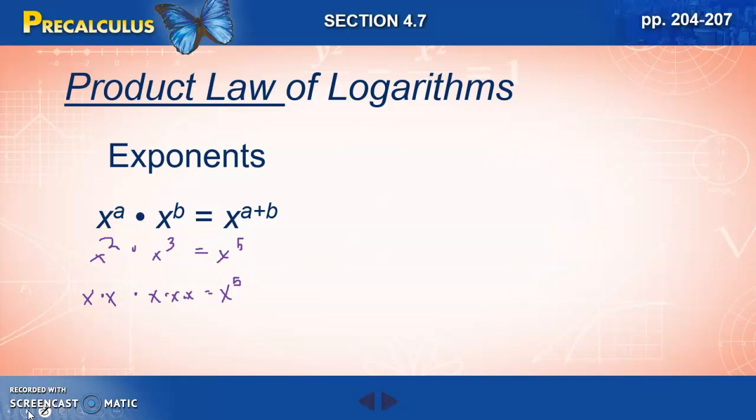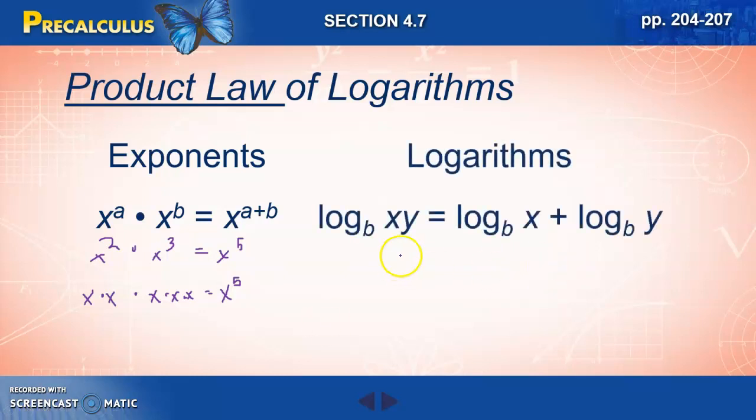So the product law of logarithms is derived from that. Our product law of logarithms says that the log of x in base b plus the log of y to the base b is the same thing as the log of x times y to the base b.